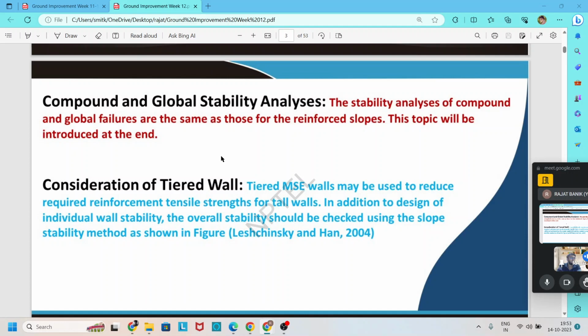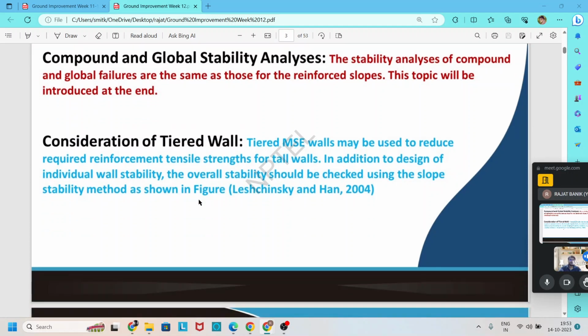In this way, we can also reduce the amount of material used. In addition to the individual wall stability, the overall stability should be checked using the slope stability method. And one figure we can also see here, which is given by Leshchinsky and Han 2004.